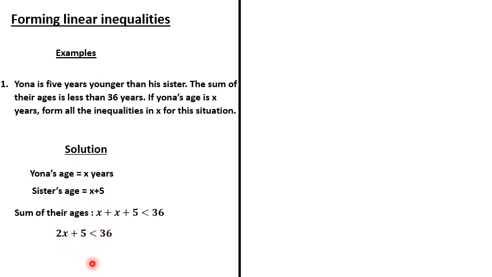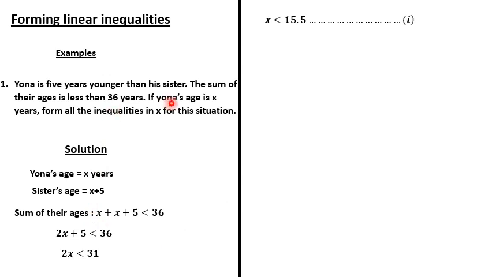Subtracting 5 from both sides, we are just simplifying, will give you 2x is less than 31. 36 minus 5 is 31. Then we can simplify by dividing both sides by 2, and therefore we shall have x is less than 15.5, which is the first inequality.